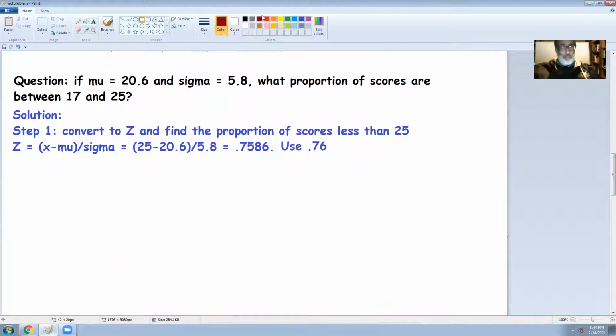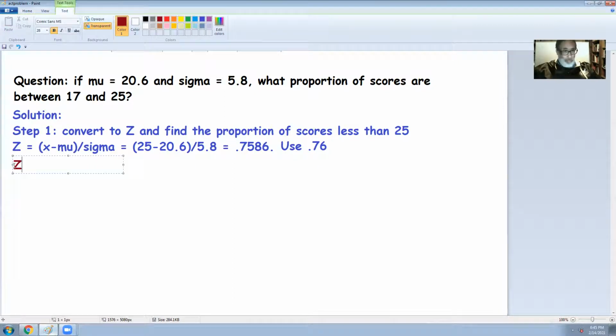So the z-score percentage is, and I can't hold anything in my mind, so I'll go back and look.